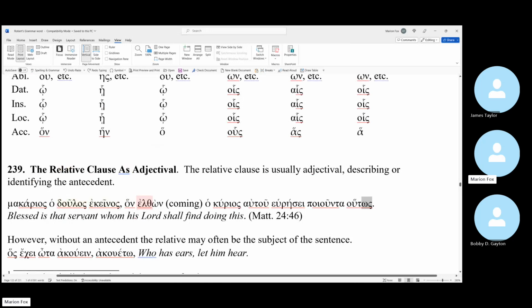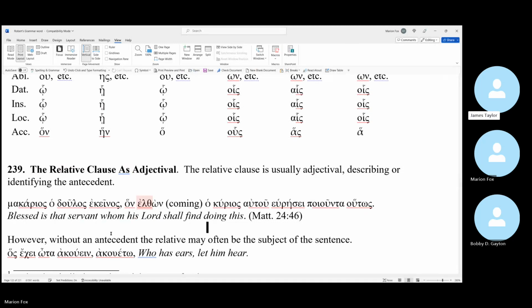Blessed is the servant whom his Lord shall find doing this. Blessed is the servant. What servant? The one whom his Lord shall find doing this. So it gives you more information about it. That's acting like an adjective. See, the tall man, tall is an adjective, so it gives you more information about the man. Questions or comments?